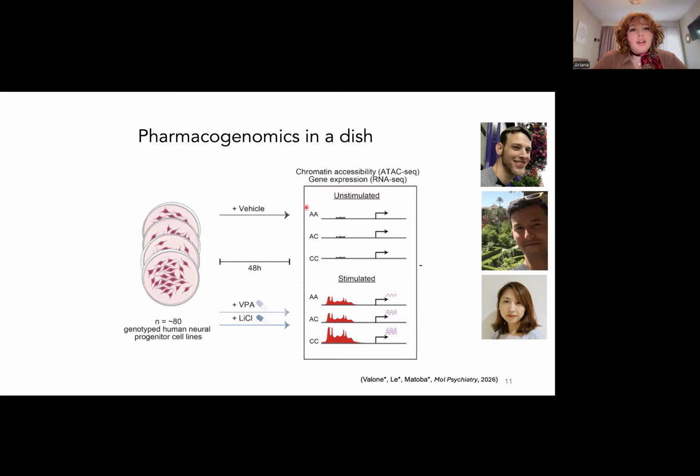Then they measured chromatin accessibility with ATAC-seq and gene expression with bulk RNA-seq. They wanted to study cases where, in the vehicle exposure, there is not really a change in chromatin accessibility or gene expression, but in the stimulation, there is a change depending on the genotype. Something like what I showed you before with the croissant example.